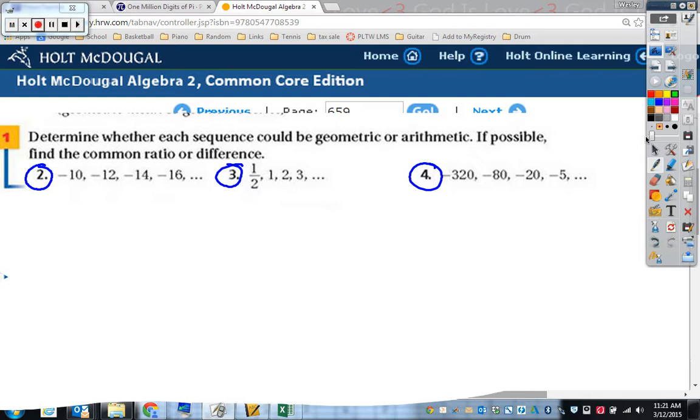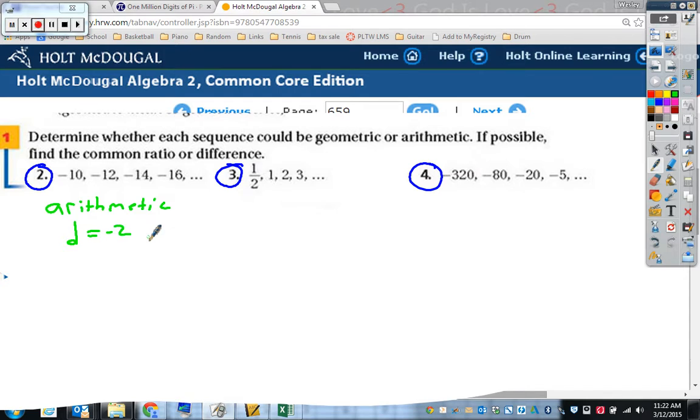Okay, so hopefully you've had a chance to attempt all of those. Let's see what we got. Number 2, you should have gotten that it was arithmetic, and that d equals -2.